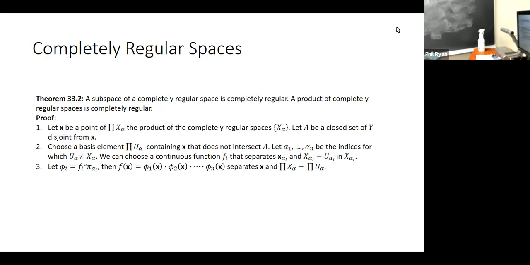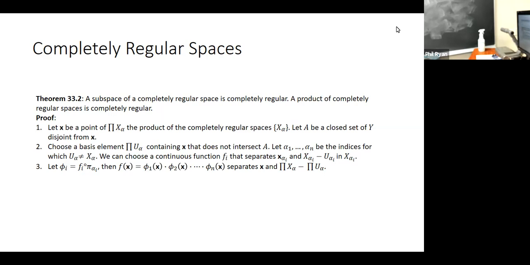Since this is an open set and this is a closed set, these two things are separate, so we can separate them by a continuous function in X alpha i. Now we're going to transfer everything to the product space, and we do that by using the projection. So let phi i be the composition of f i with the projection.